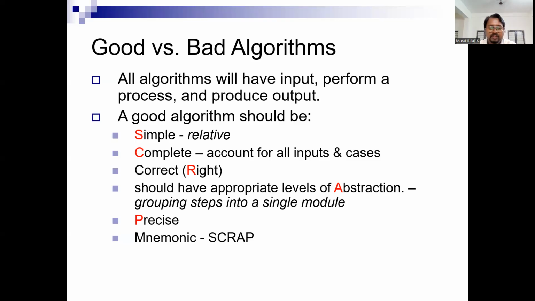So the algorithm must account for all the inputs as well as the different cases executed in the program, and that must be right. That means it should be correct.